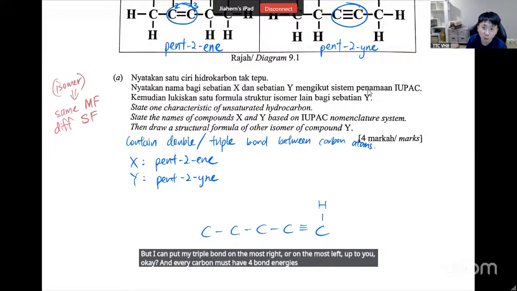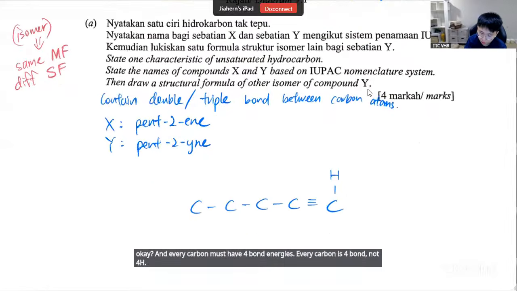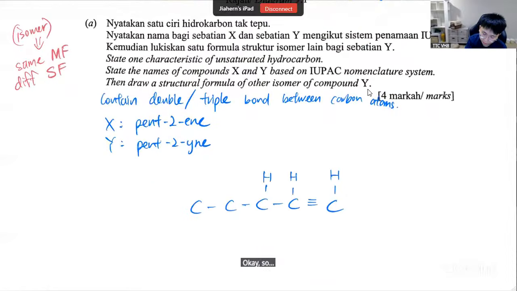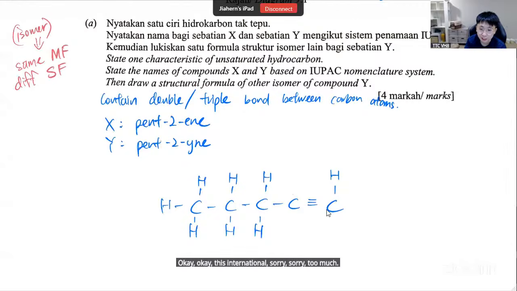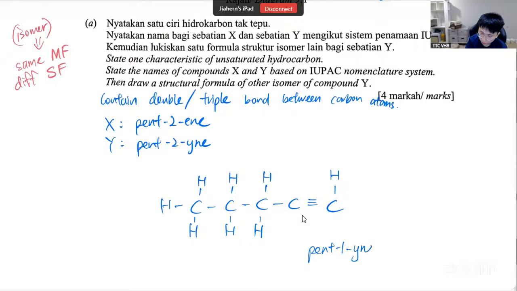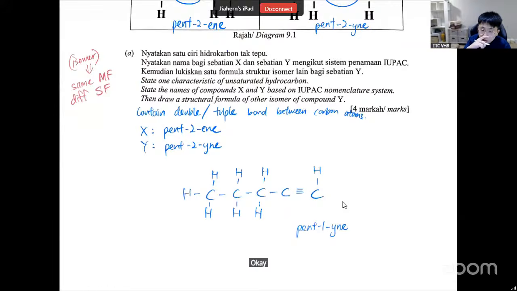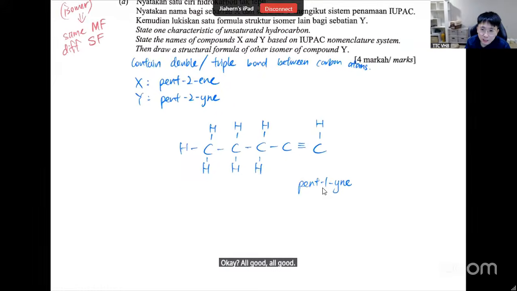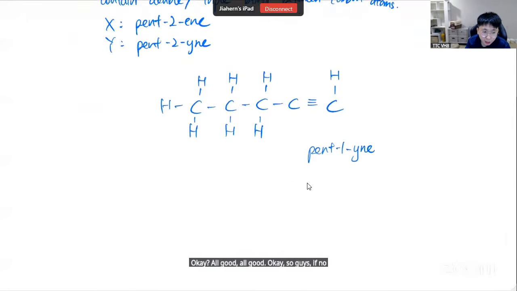Every carbon is 4 bonds, not 4 H. Okay, like this. So this is the drawing. This is called pent-1-yne. Okay, all good. If no issue, all good.